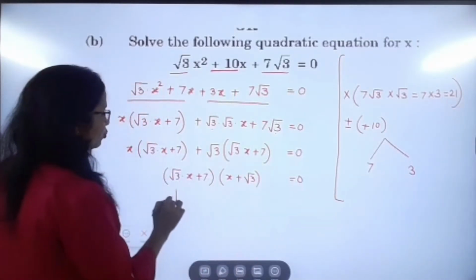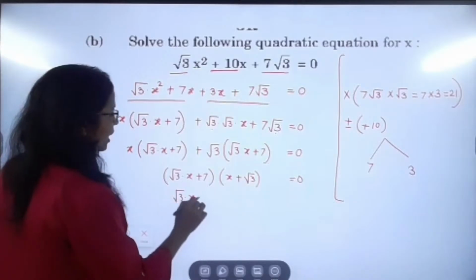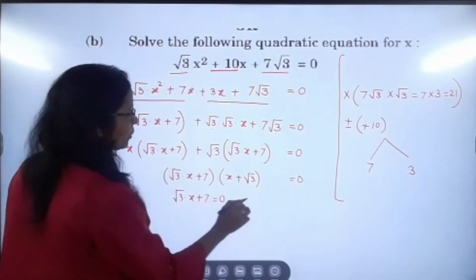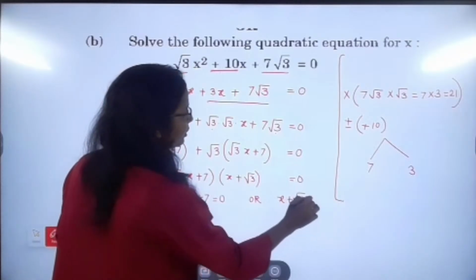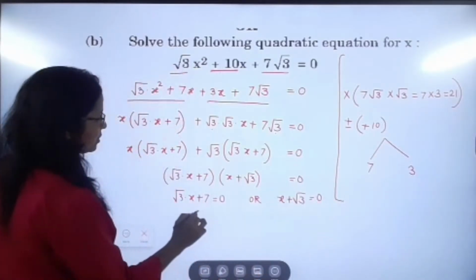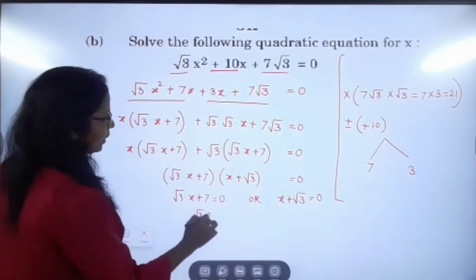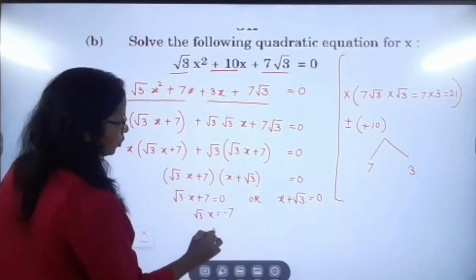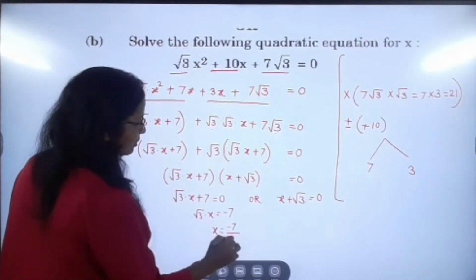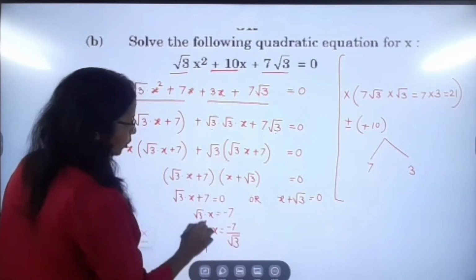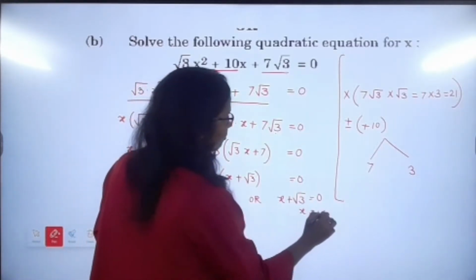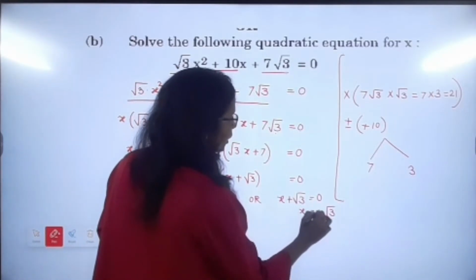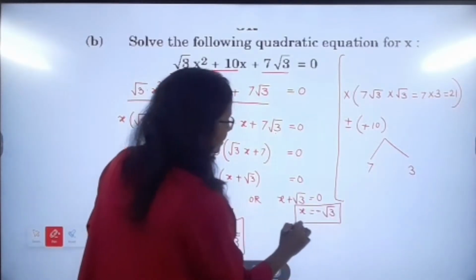So that means √3x plus 7 is equal to 0, or we can say x plus √3 is equal to 0. So here √3x is equal to -7, so x is equal to -7 upon √3. This is the first value. Then x is equal to -√3. This is the second value.